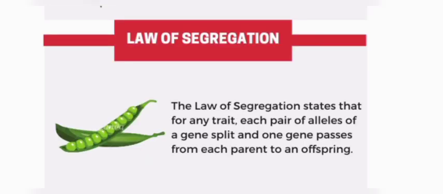His second law of inheritance was the law of segregation, which states that for any trait there is a pair of alleles, and this pair of alleles of a gene splits so that only one gene passes from each parent to an offspring through the gamete. That is called the law of segregation, and it is called the universal law of inheritance.